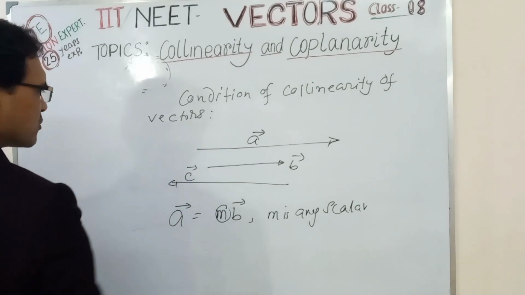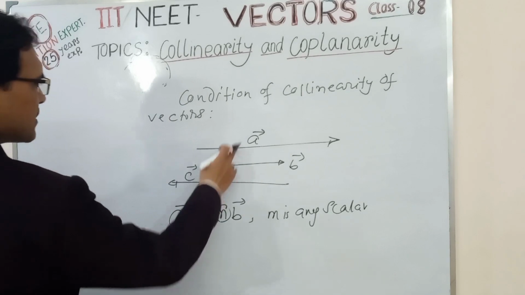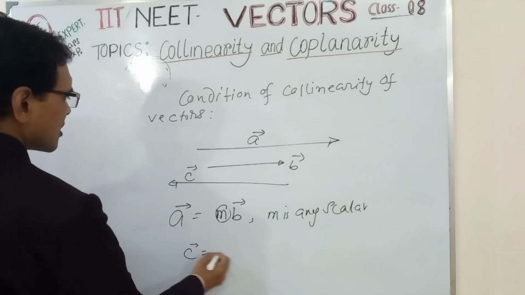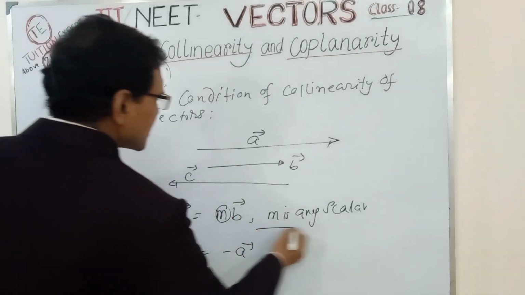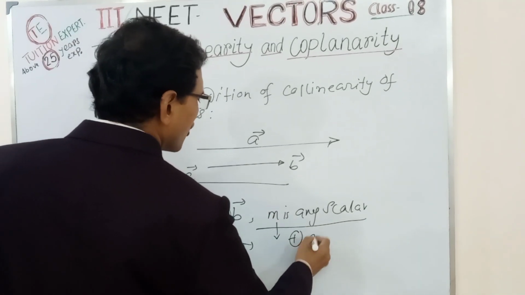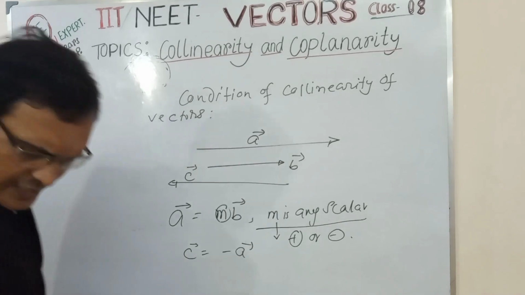Suppose A is 3 by 2 times of B, then we can write 3 by 2. Suppose C is equal but opposite, so we can write M equal to -1. So M is any scalar. It may be positive or negative. This is the condition of collinearity.